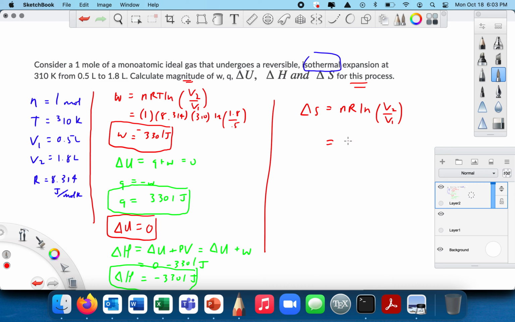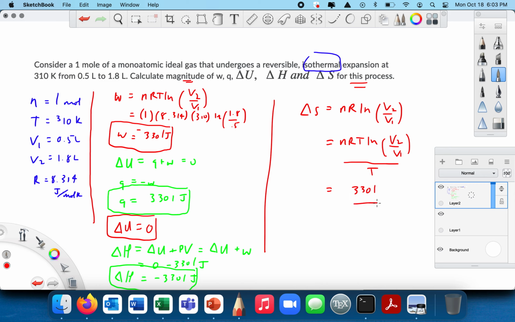This looks exactly like work, doesn't it? It's the same as work, except the work has the factor of T in it. So this is nRT ln V2 over V1 divided by T, right? You see how those just cross off and it becomes that.